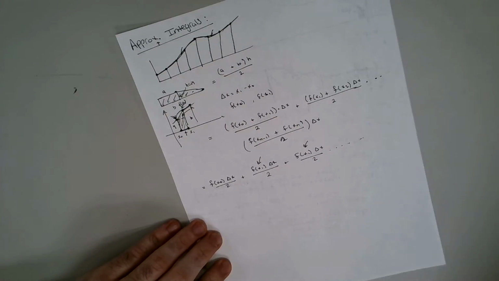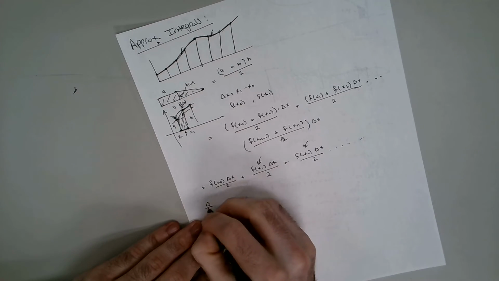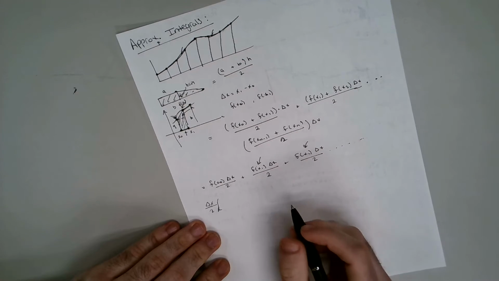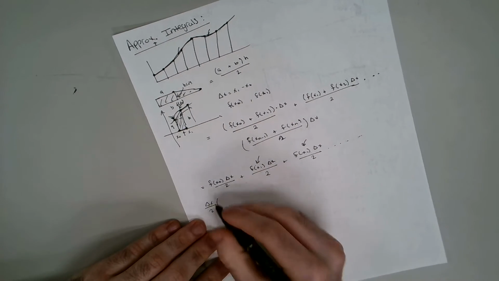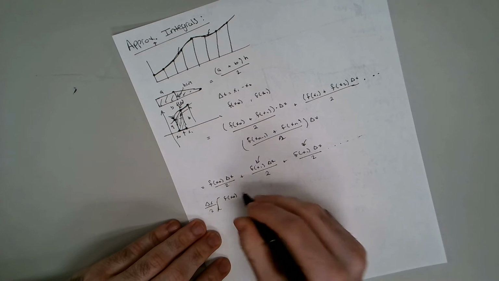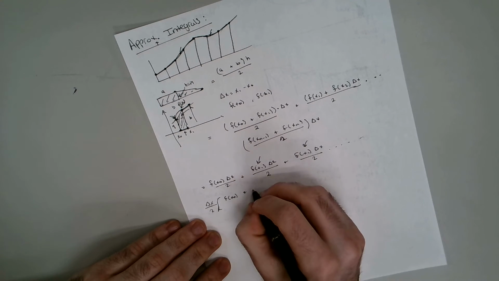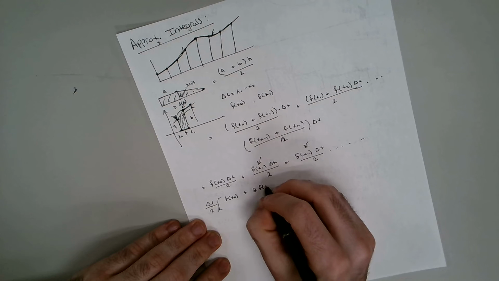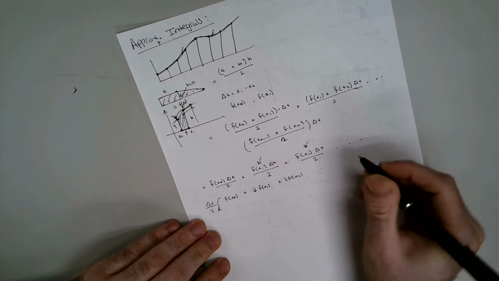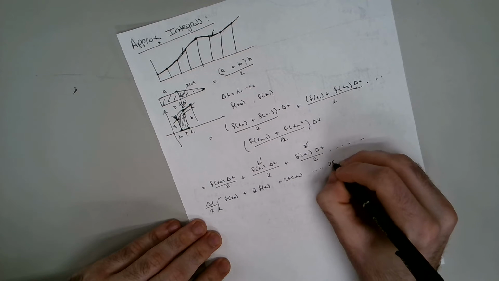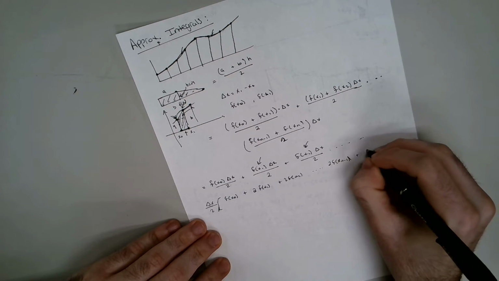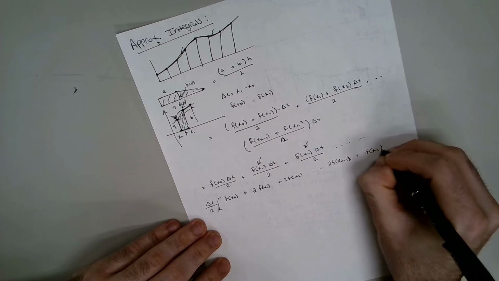There's a delta x divided by 2, so we pull all of these out. And we're going to have 2 of these x1s, x2s, x3s. So we're going to have f of x naught plus 2 f of x1 plus 2 f of x2, we continue, and 2 f of x n minus 1 plus f of x n.